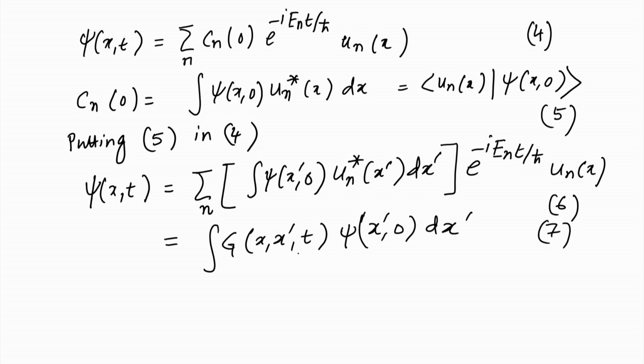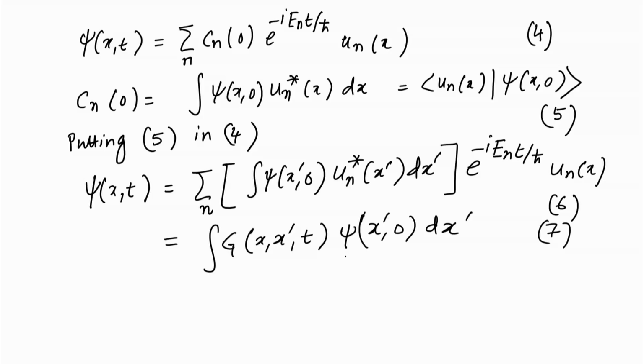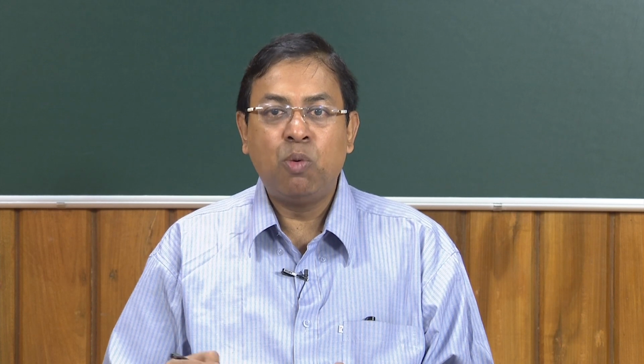Not only that, it takes contribution of psi at all the x prime points and builds up this entire integral in order to have the value of psi at x t. And of course, at a given space time point, psi of x t is proportional to psi of x 0.